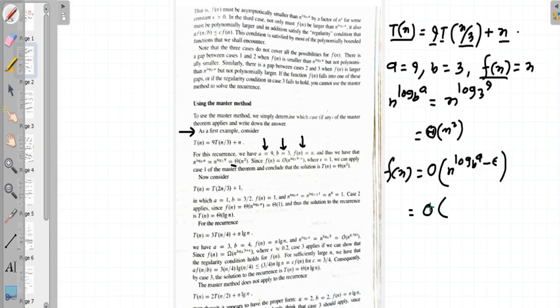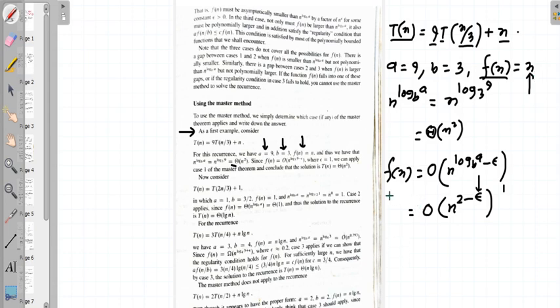Yes, we can express it with this form, because log_b a means log of 9 base 3, which is 2. So 2 minus epsilon, and even if I am taking epsilon as 1, in that case, we can say f(n) is order of n.